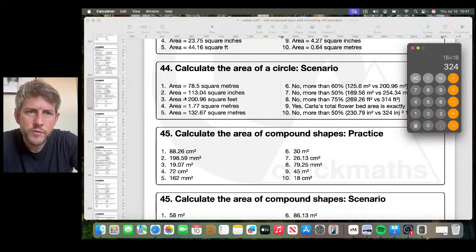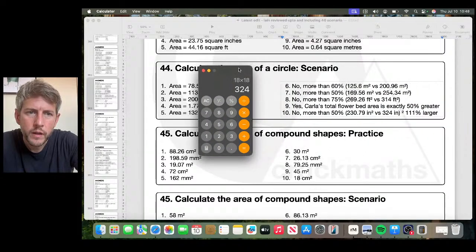So if this is right, 111% larger, so I should be able to do 230.79 times 1.11.